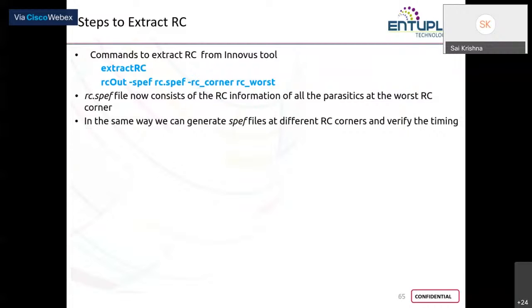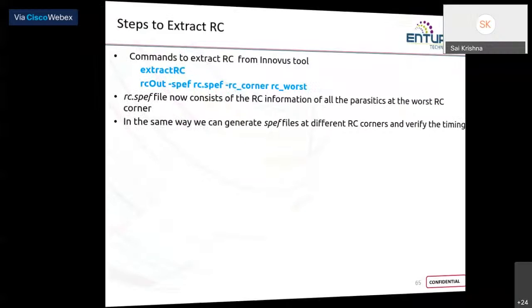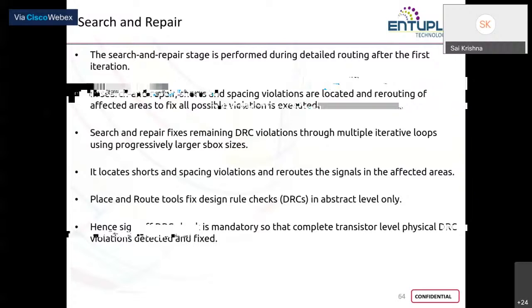Okay, so that completes your physical design. Any questions till this point from anyone? Anything that you did not understand?